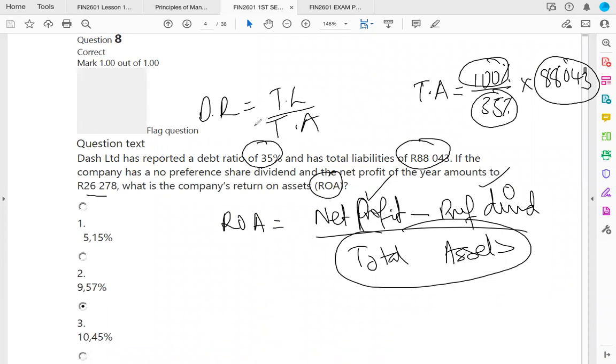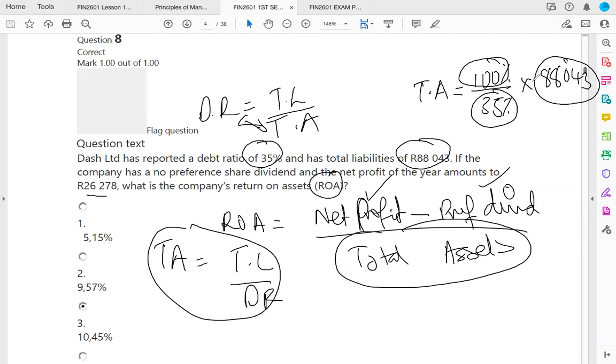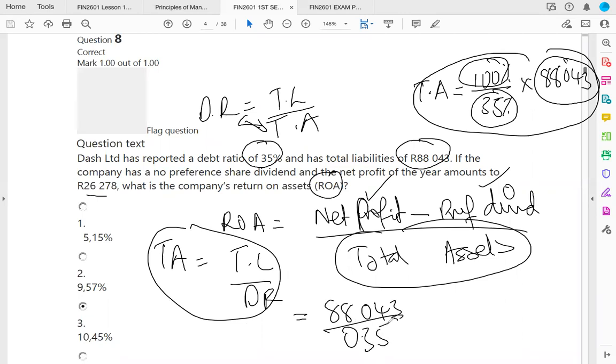So we can simply cross multiply, whereby our total assets will be equal to our total liabilities over our debt ratio. So this formula is in fact just the same as that formula. It's essentially the same thing. You'll get the same answer. It's only written in a different way.